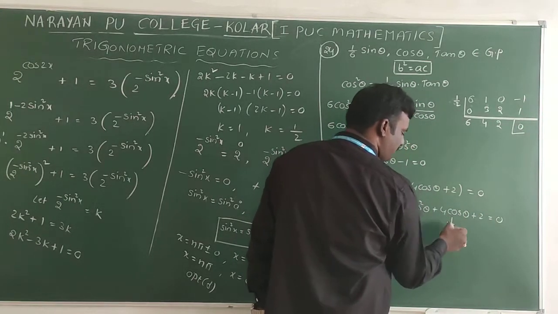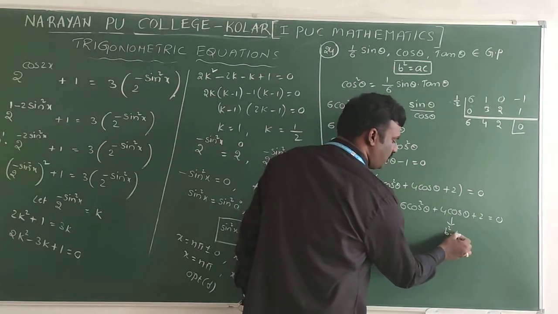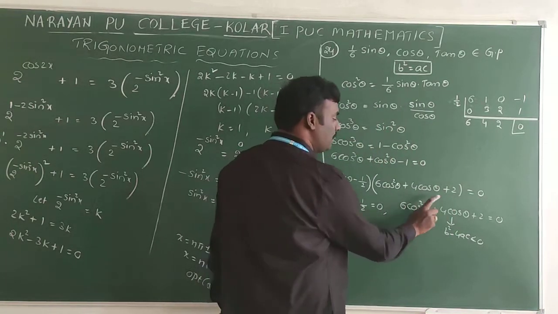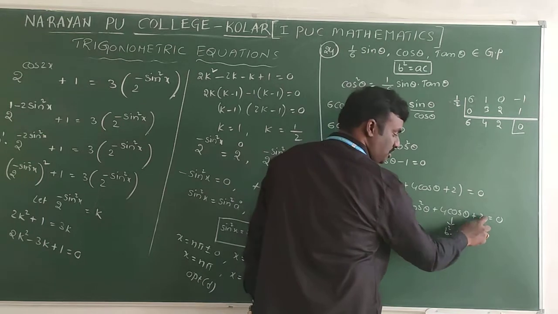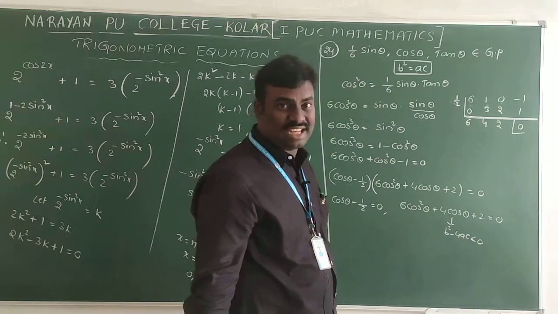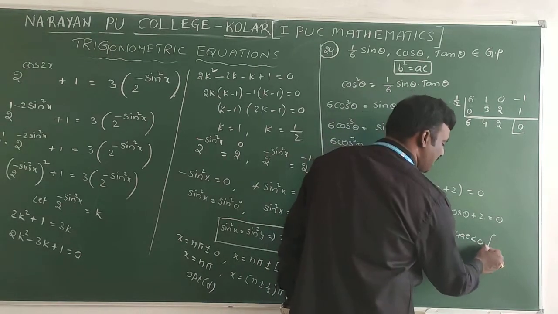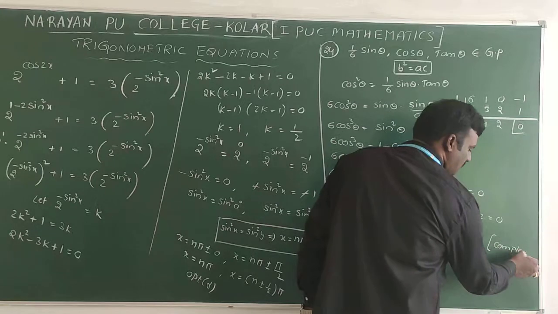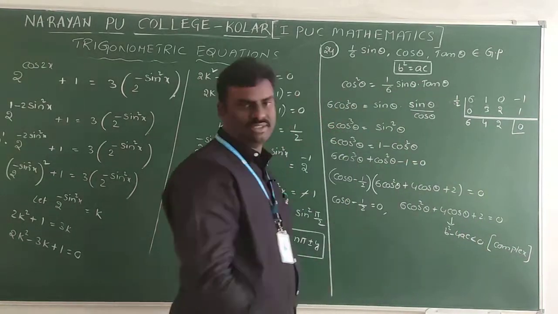But for this, b square minus 4ac value is less than 0. Why? Because a value 6, b value 4, c value 2, you substitute, this is negative. If b square minus 4ac is less than 0, it does not have real roots, it has complex or imaginary roots. That's why don't take that.